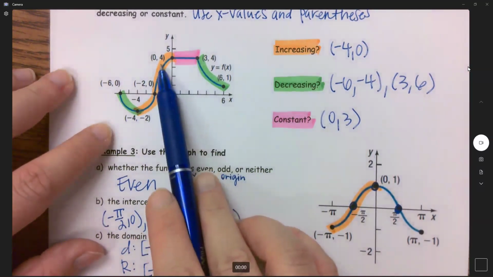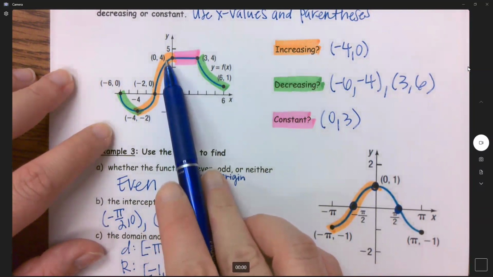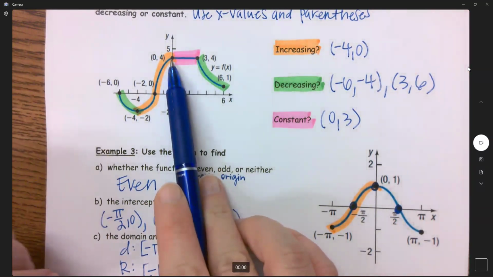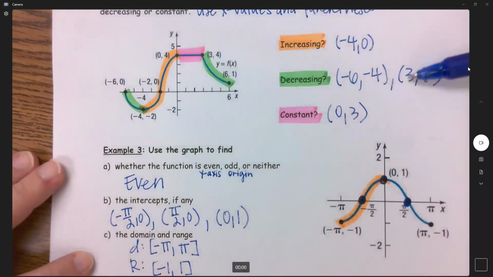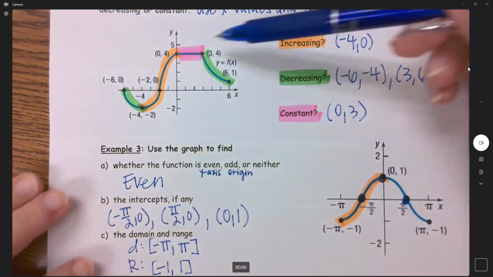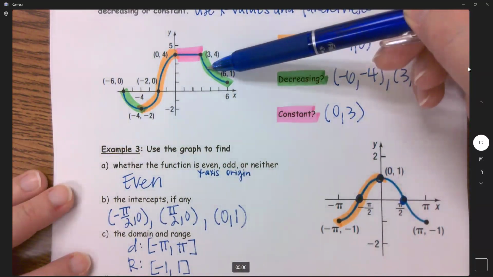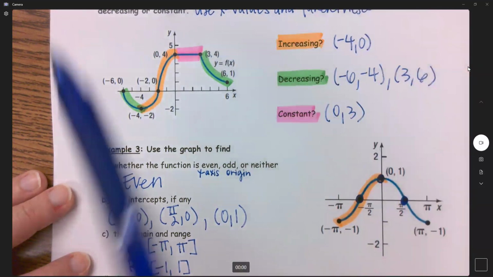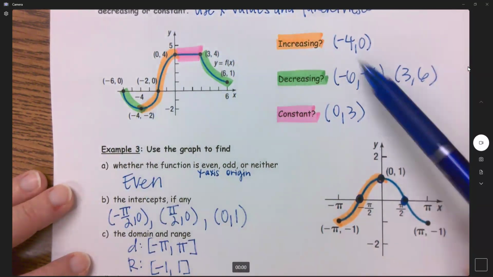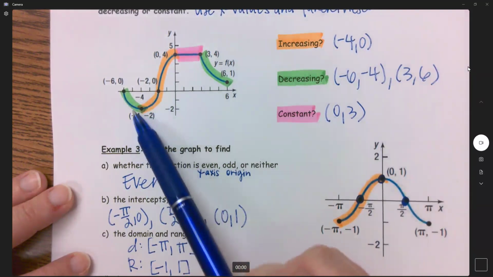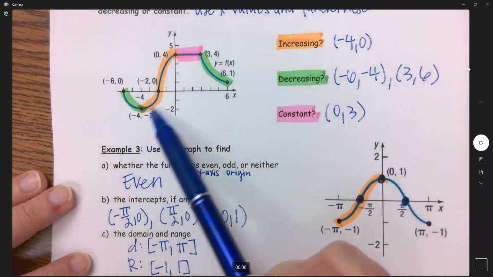Because at this 0 here, where it's changing from increasing to now constant, I can't really say at 0 it is increasing or constant. At 3, we have parentheses because I cannot say at 3 that it is constant or decreasing. It's changing directions. I can't say here at negative 4 that it is increasing or decreasing because it's changing directions right there.